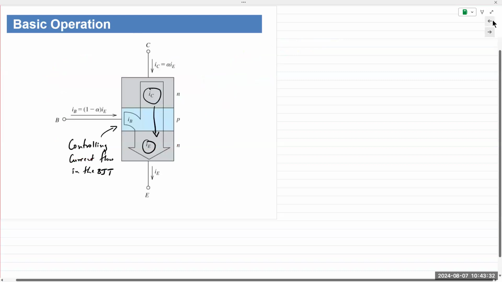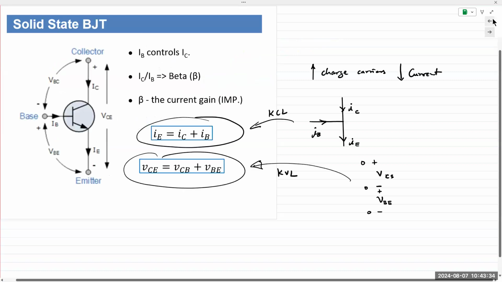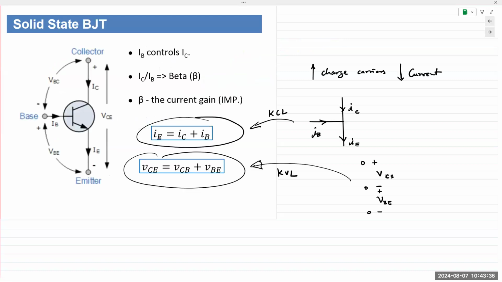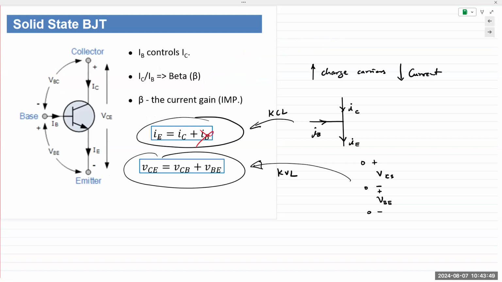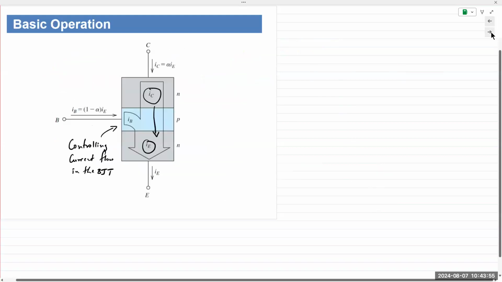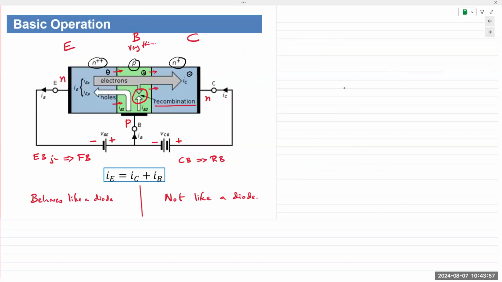If you go here, IE is IC plus IB. IB is very, very small, typically in microamps. So if you ignore this, IC and IE are approximately equal in value. IE is approximately the same as IC, except for a small amount of base current. And so we see that here.